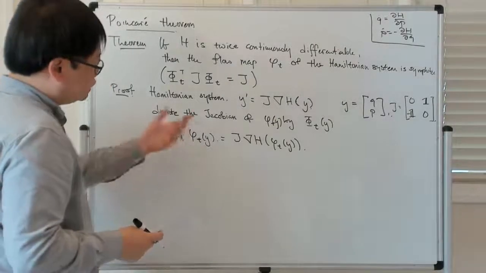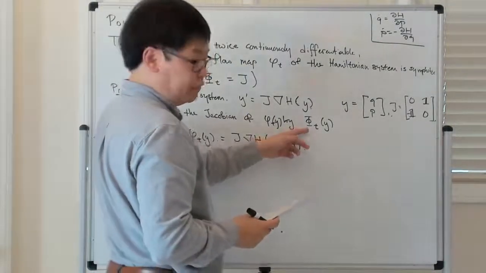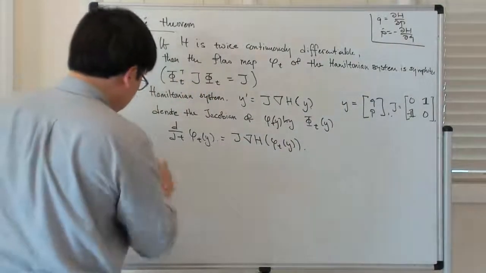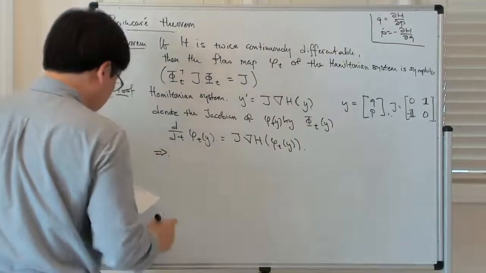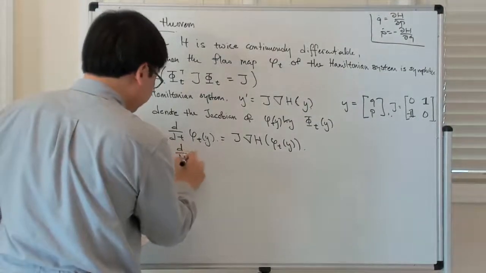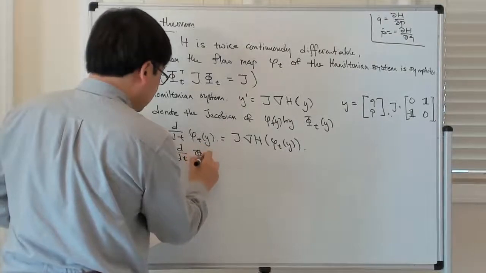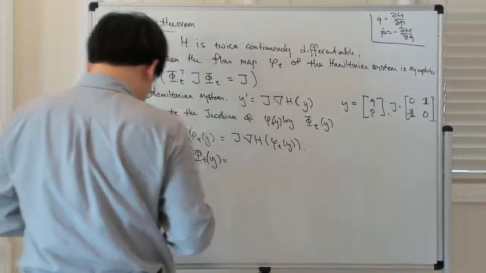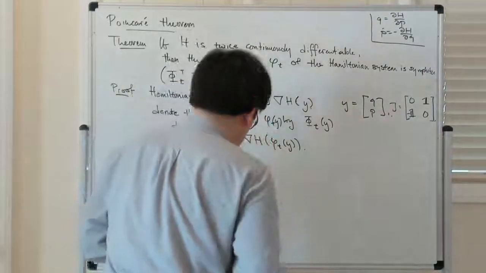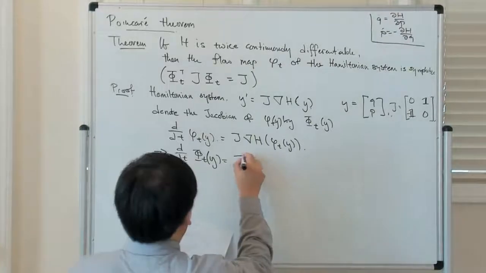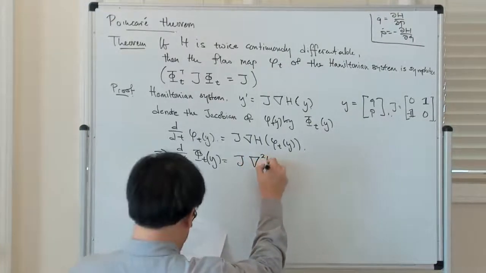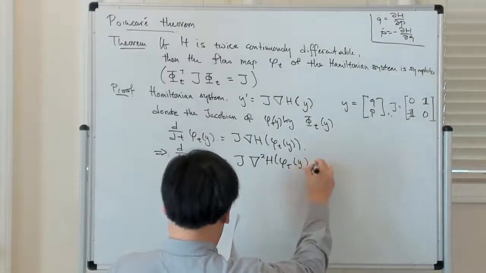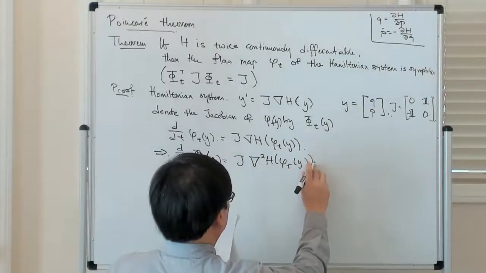And once you have this, we can say something about the Jacobian of the map. So this implies that the time rate of change of the linearization, or the Jacobian, is equal to J nabla squared H times the Jacobian.